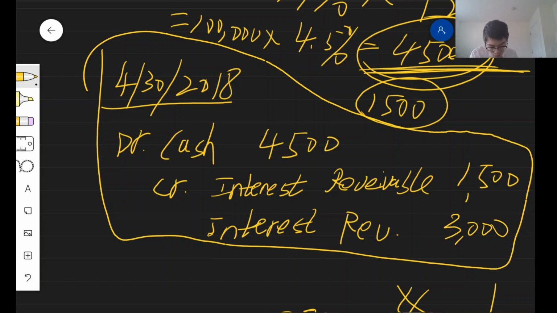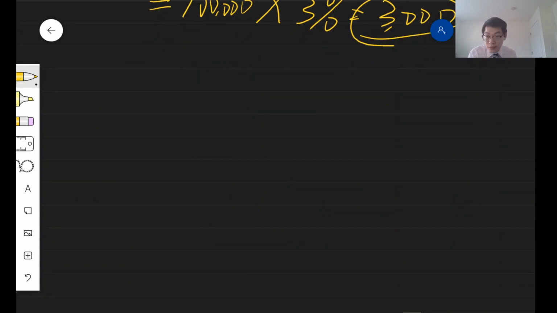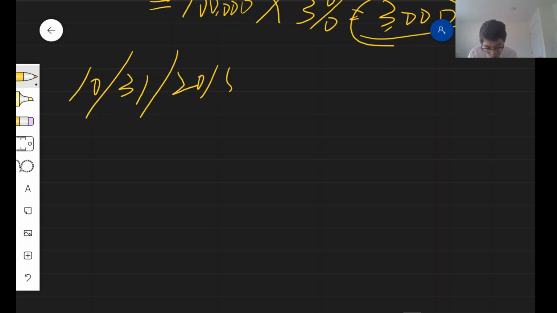Now it comes to the maturity date, which is October 31st, 2018. On this date, we are going to receive not only the principal, but also the other part of the interest. So let's make the journal entries for receiving the principal.